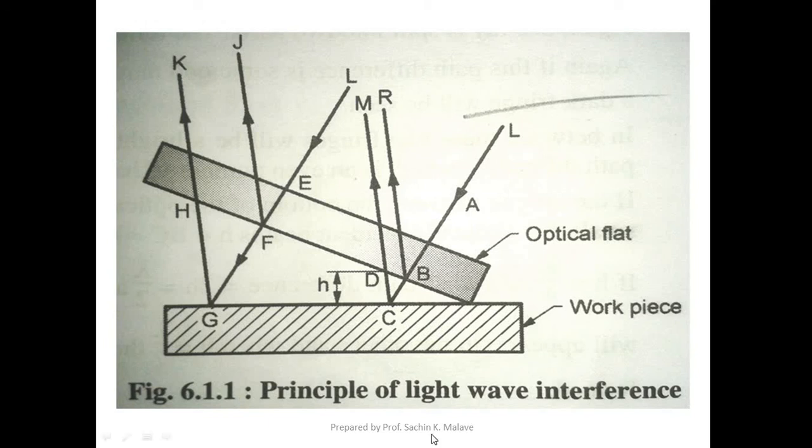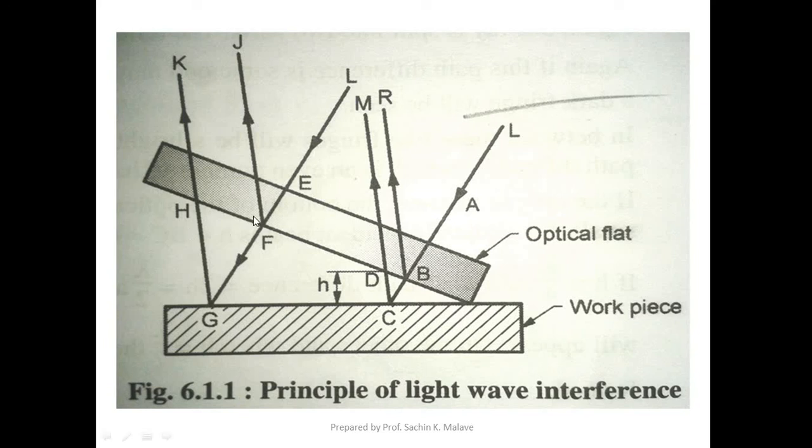So when we have got the first dark fringe when h is equal to 1 lambda by 4, we have got another dark fringe when this distance is 3 lambda by 4. So the difference between two fringes is 3 lambda by 4 minus 1 lambda by 4, which is 2 lambda by 4, equal to lambda by 2.